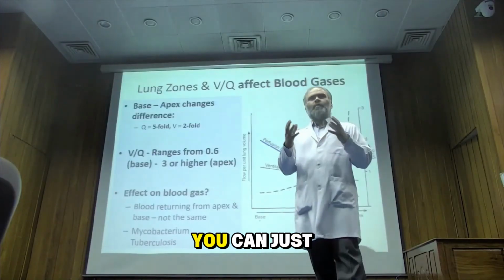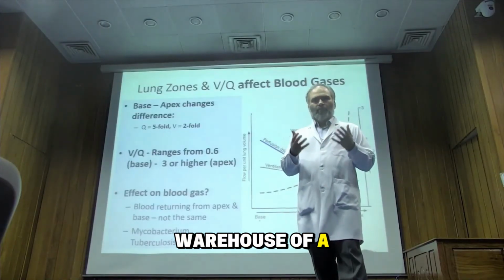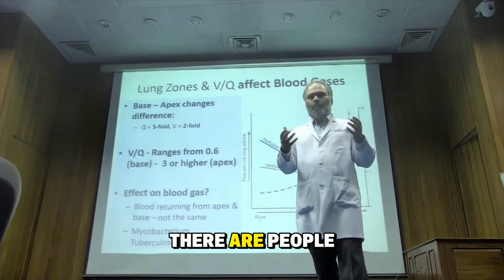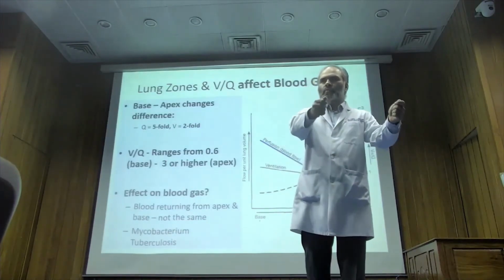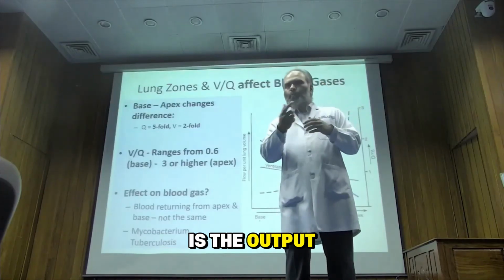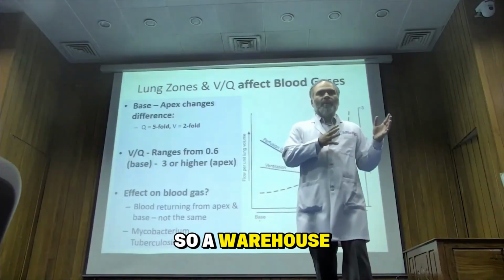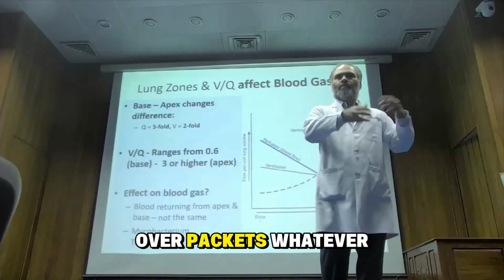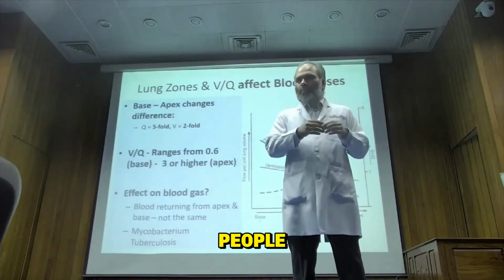Just think of a warehouse. In this warehouse, there are people who are handing out packets. The number of packets given out is the output of this warehouse. So warehouse one is handing over packets to a smaller number of people.